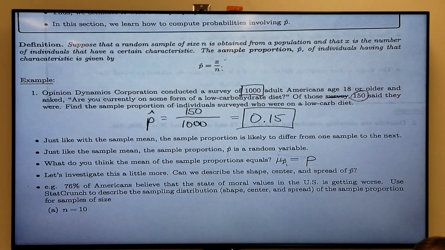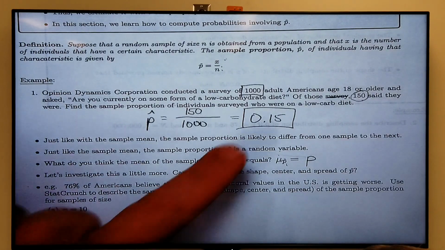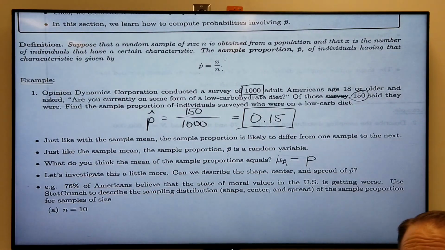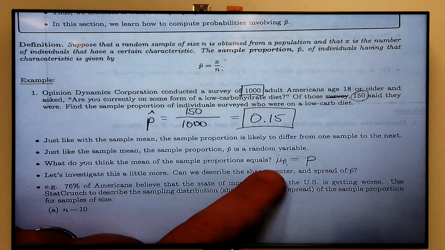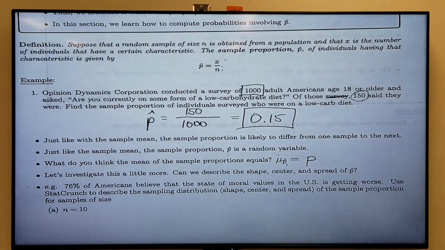But if the true population proportion is 16%, you might get a sample where the sample proportion is 15%, but then you'll get another sample where it is 17%. And when you average all of those up, you're going to get 16%. So the mean of the sample proportions is equal to the population proportion.